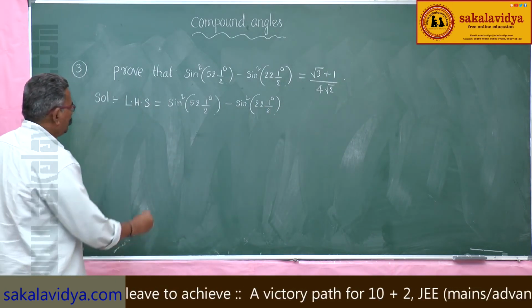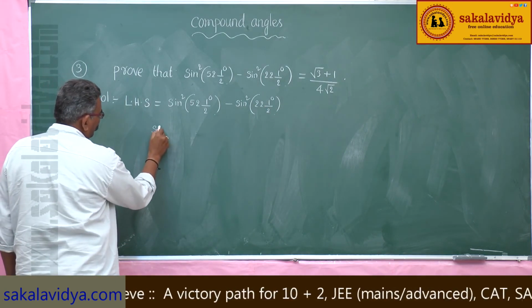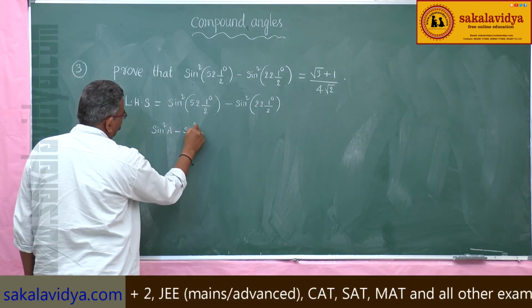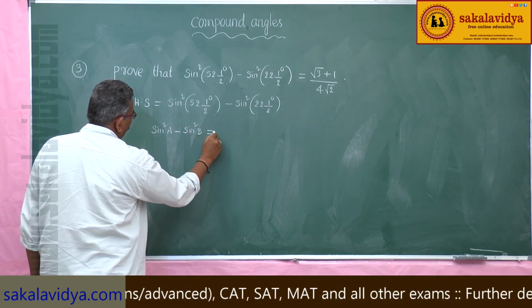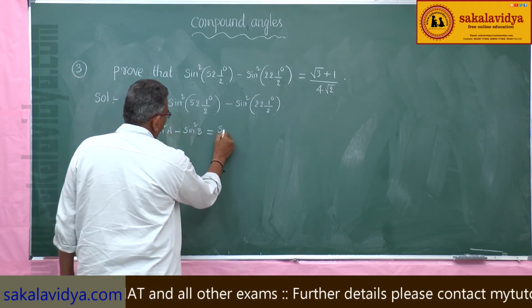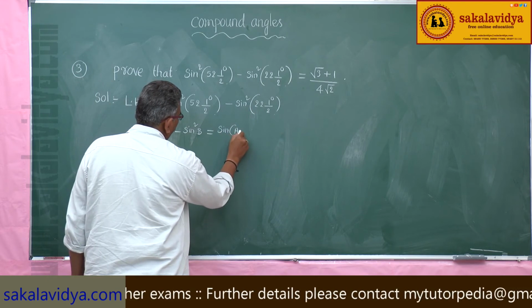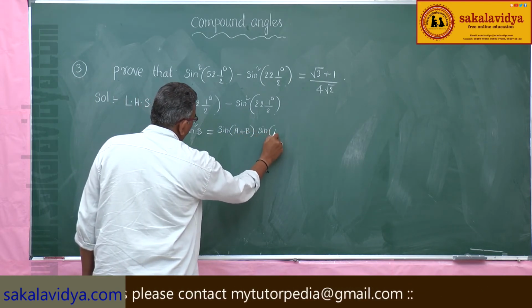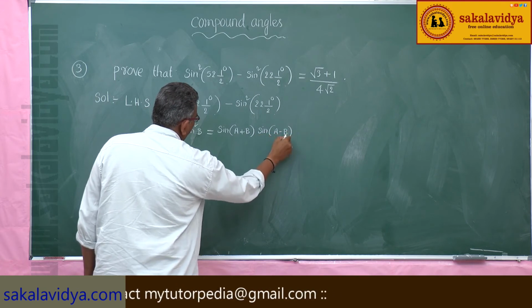Here we have the formula sin square A minus sin square B. Sin square A minus sin square B is equal to sin of A plus B into sin of A minus B. Okay.